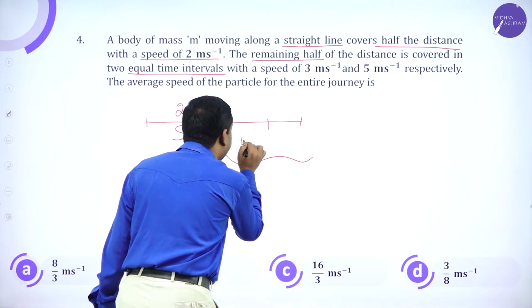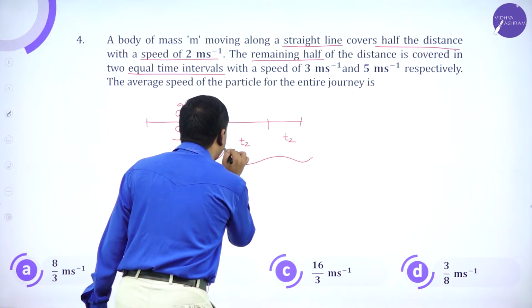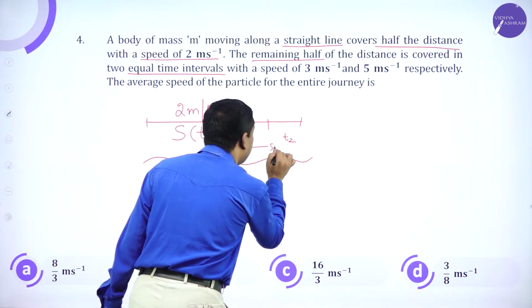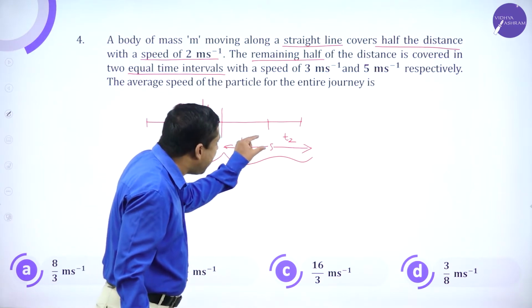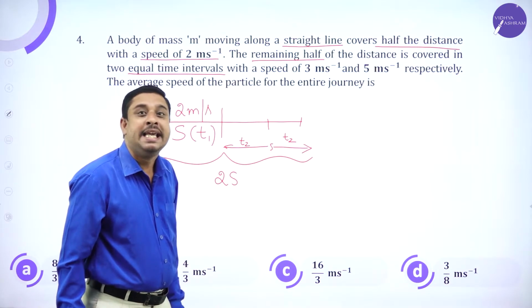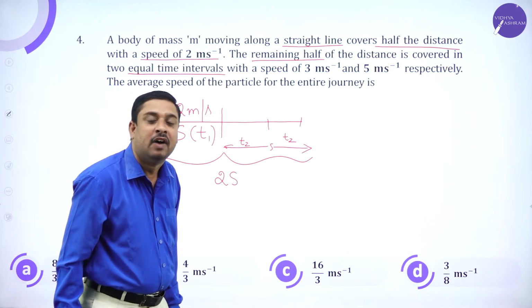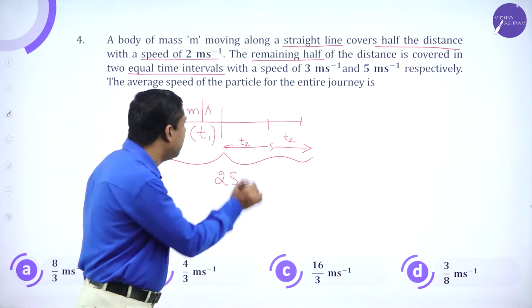So equal intervals T2, T2, which means to cover the remaining half, 2 equal intervals for successive halves is defined.